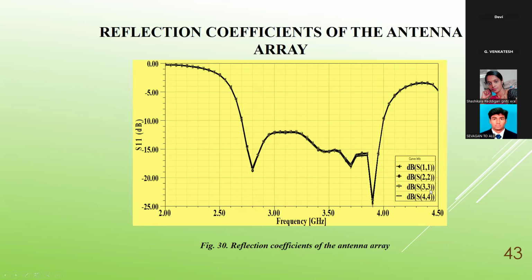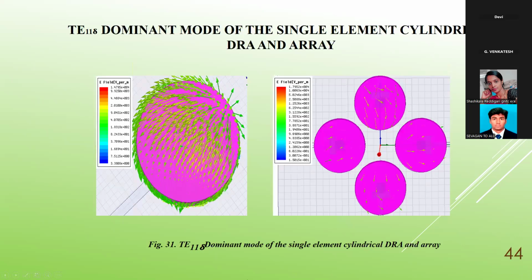S11 value or S22, S33, S44 show the same curve, with the minus 10 dB crossing around 2.67 to 4 within that range. This is the hybrid mode, TE11 delta dominant mode. The cylindrical DRA provides different circular polarization, LHCP and RHCP, for different switching purposes. Here we have not used switching for different feeding conditions.